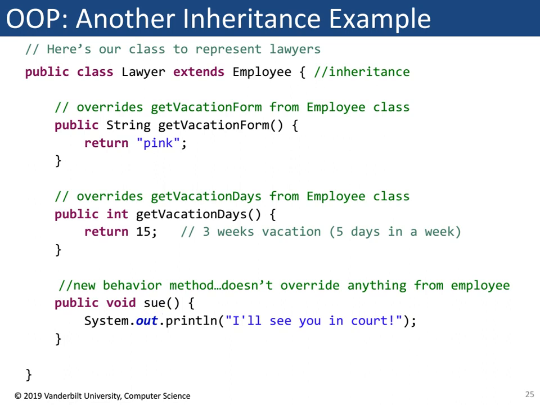And sue is going to simply print out the statement, "I'll see you in court." So we have changed some of the behavior of the general employee to suit our lawyer definition, and we have added the functionality to be able to sue. We've added a method called sue, and we have modified the methods get vacation days and get vacation form.